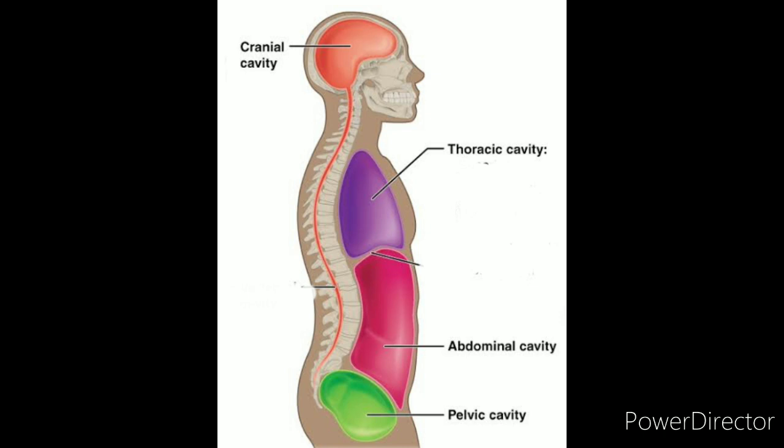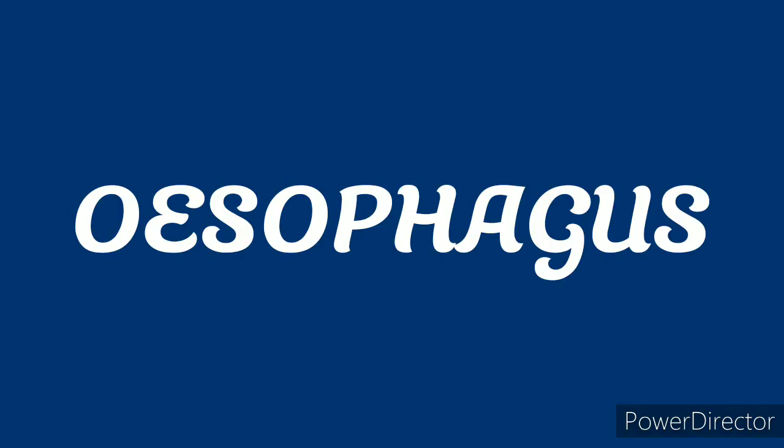The cavity which is in the chest is called the thoracic cavity, and the cavity in our abdomen has two parts, the abdominal cavity and the pelvic cavity. All the internal organs of the body are situated in these cavities.